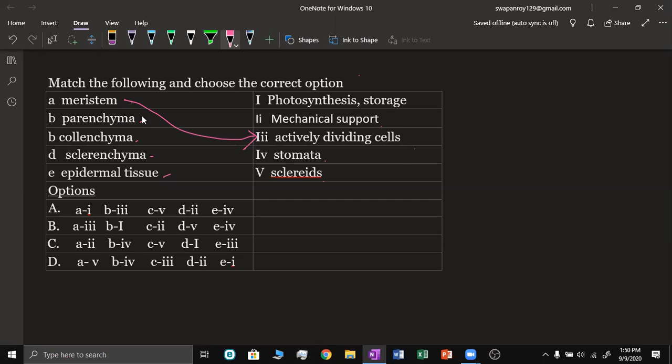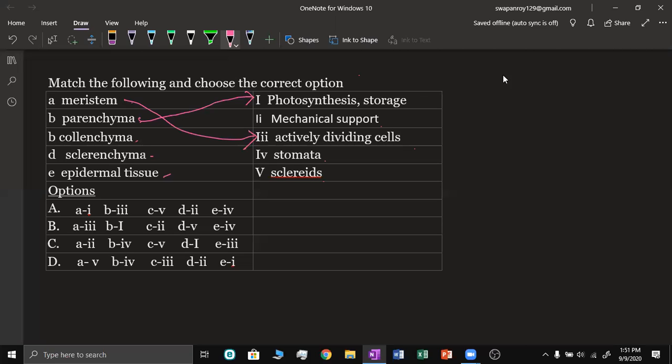Parenchyma, what does parenchyma do? Parenchyma can carry out photosynthesis and storage.